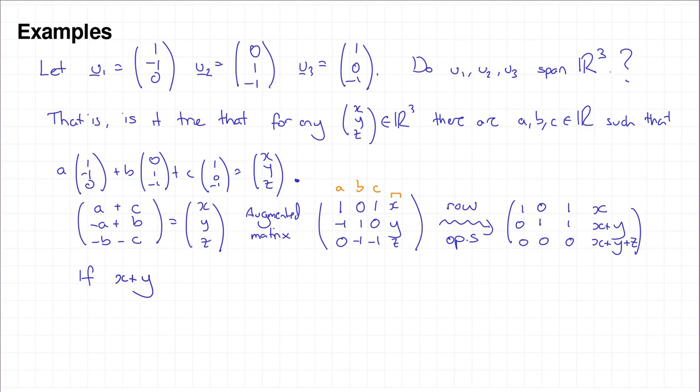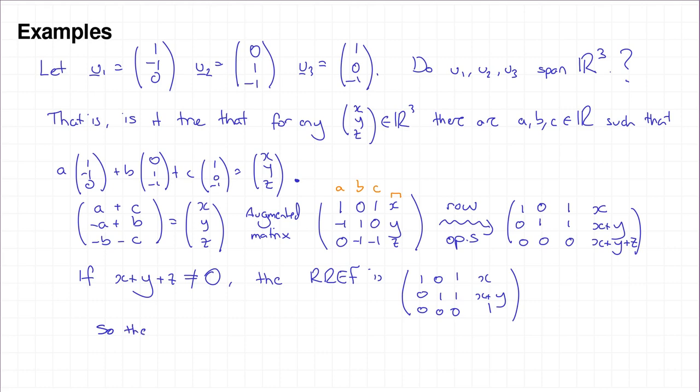So if x plus y plus z is not equal to 0, then the row-reduced echelon form is 1, 0, 1, x; 0, 1, 1, x plus y; 0, 0, 0, 1. And you can see there you have a leading entry in the final column. So the last equation is 0 equals 1, and there are no solutions.